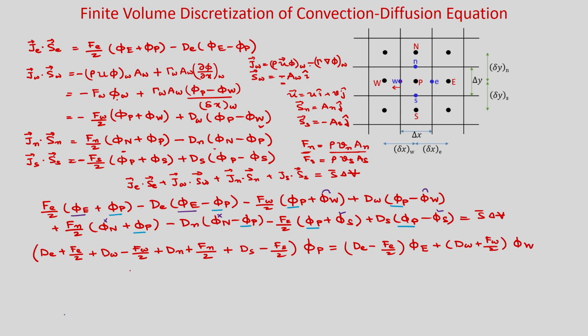Similarly, for north it is d n, it will be minus, because we are bringing it from the left hand side to the right hand side. So, it will be minus f n by 2 phi n, and phi s. So, it will be plus d s plus f s by 2 phi s is equal to s bar delta v.